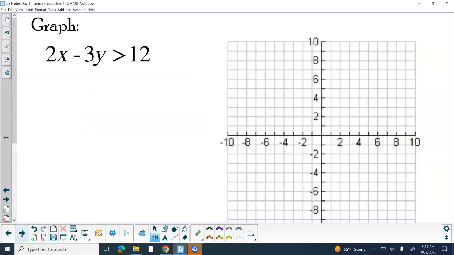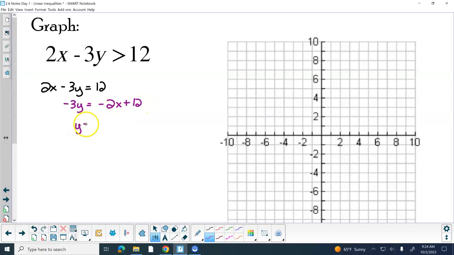Awesome. You graphed me this one. I get 2/3 x minus 4.